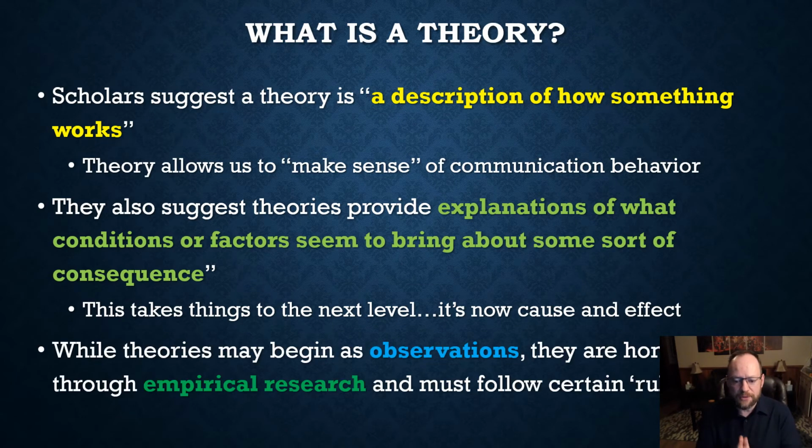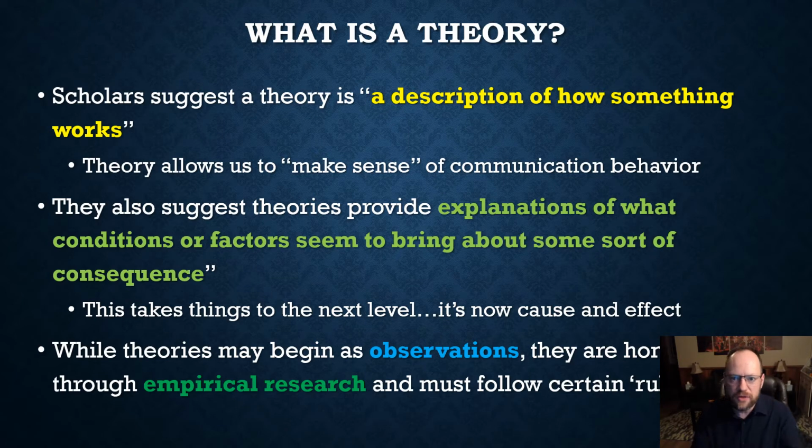It takes observations that we have, and it applies empirical research to it, so that we can form more tried and true ways of understanding the way that humans interact with each other in certain communication behaviors. Now, because this provides such an understanding that can be applied to different situations, there are definitely certain rules that communication theory has to follow whenever it's being formed.